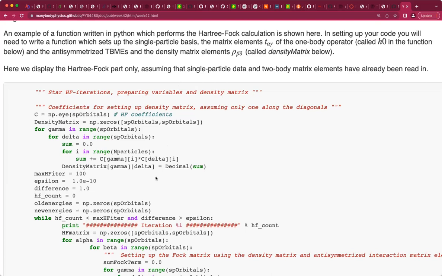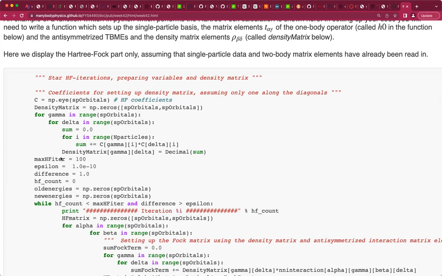And then you need to define the number of iterations. Here you have the first guess. So gamma in range single particle orbitals, that's all the orbitals. Same with delta. So this is actually just setting up the density matrix. And you see now we are running over the density of the system or the number of occupied states. This is n particles here.